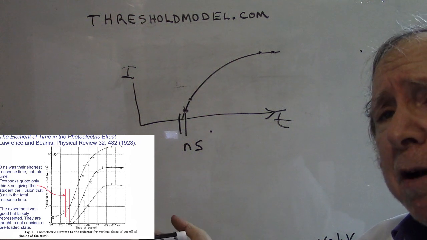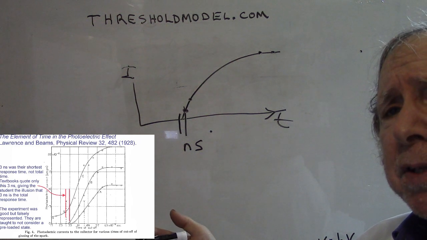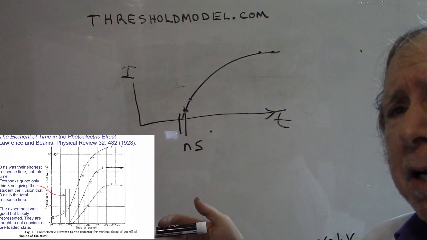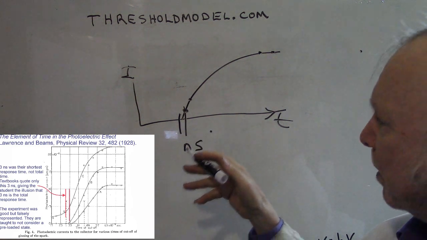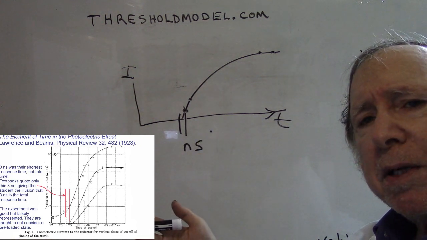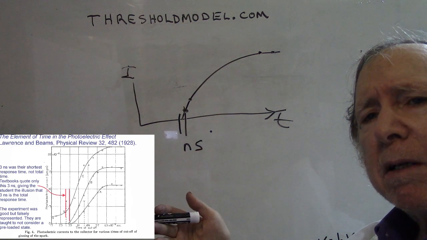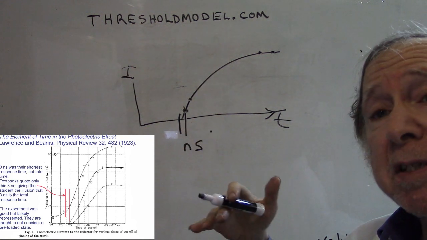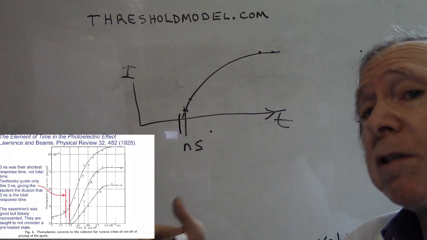And then they kept experimenting. Other experimenters did the same kind of measure. And all they cared about was what's the shortest time. And in our textbooks, it gives a false impression. They only talk about this shortest time as if it's the only time involved. It's just not true.